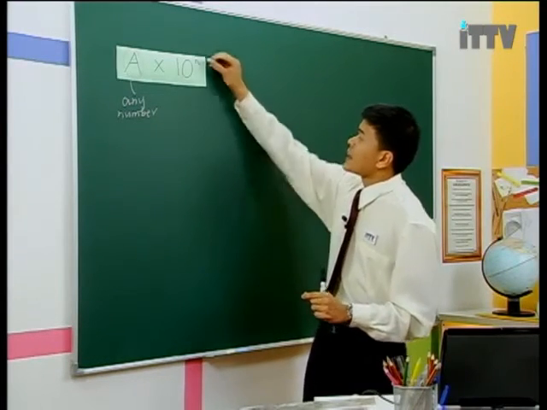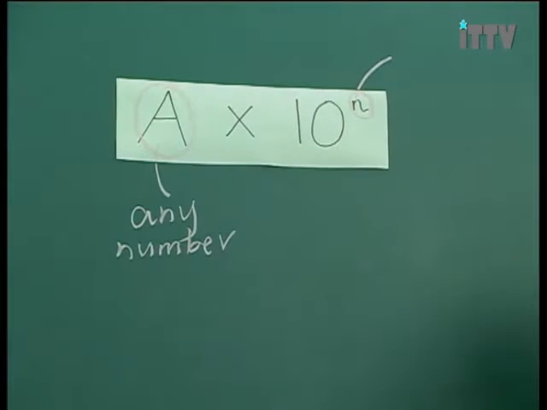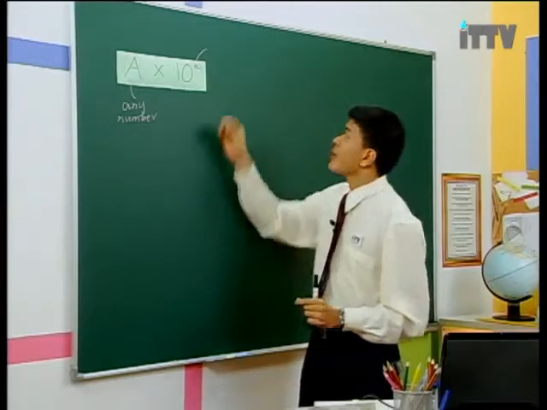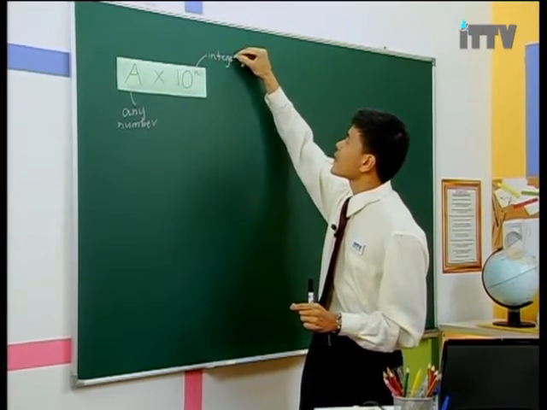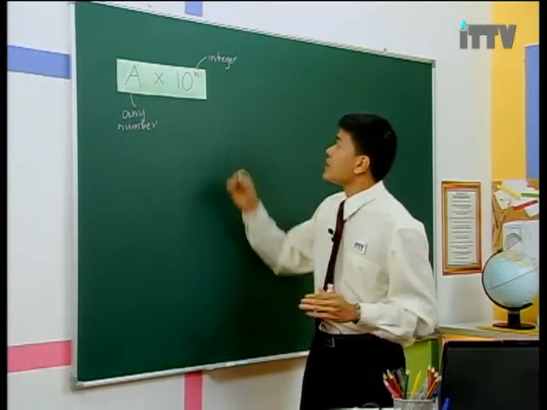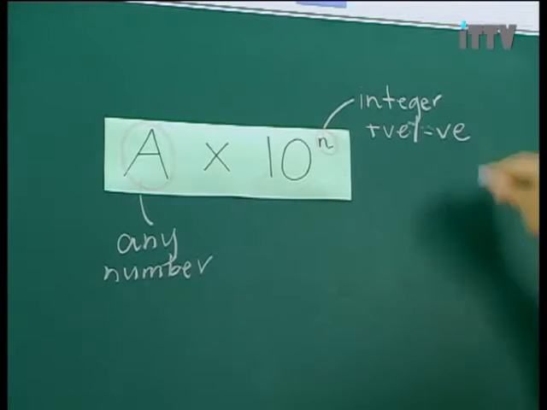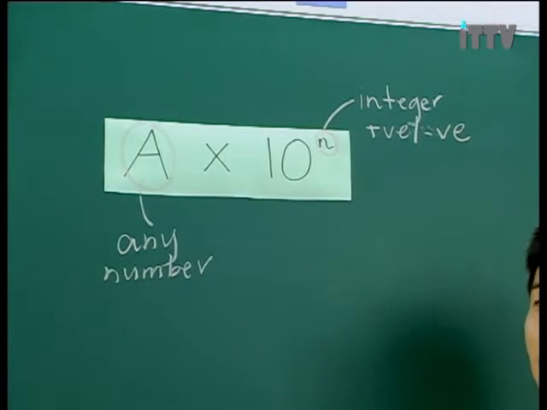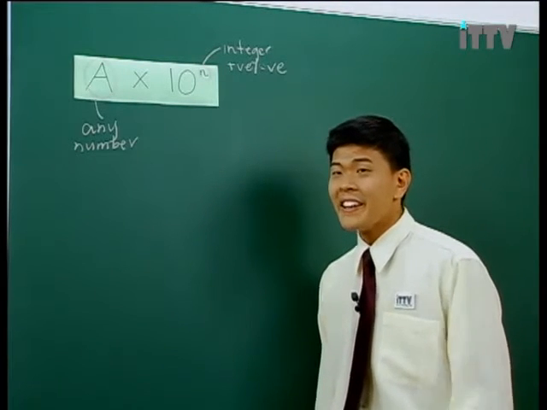And on the other hand, n can only be an integer. And because it can be an integer, any positive or negative integer is possible. But it necessarily cannot be a decimal. So this is a way of writing a number in standard form.